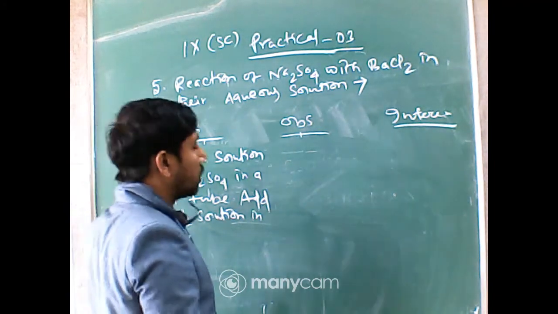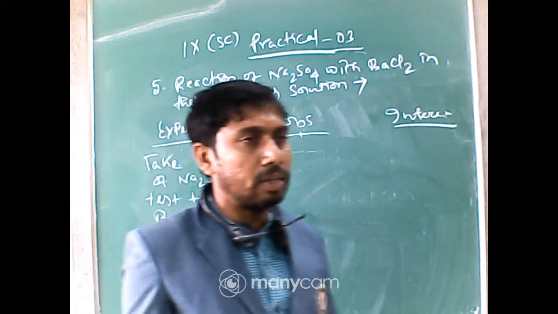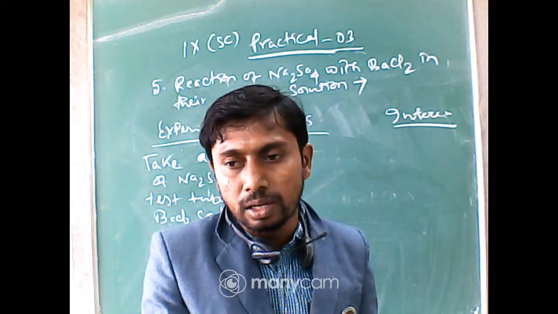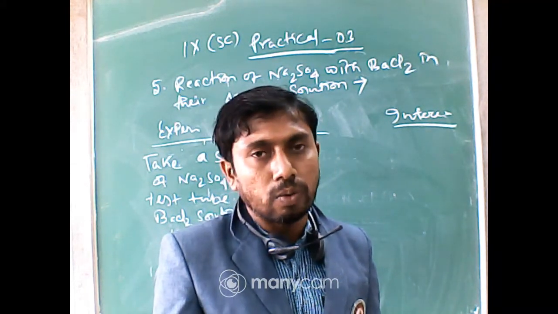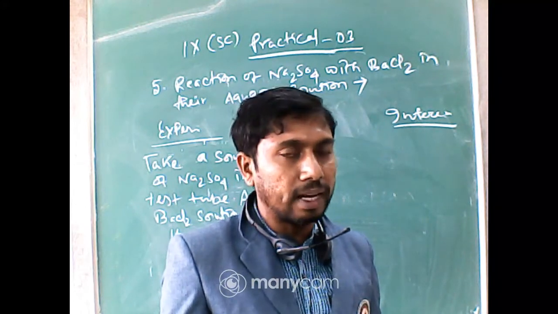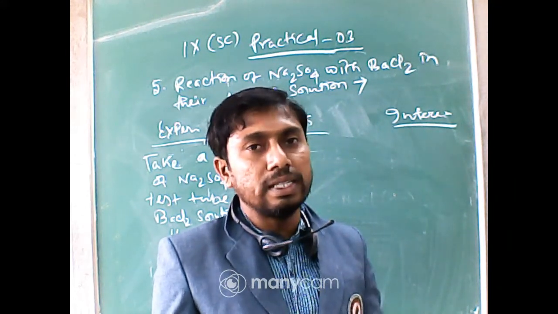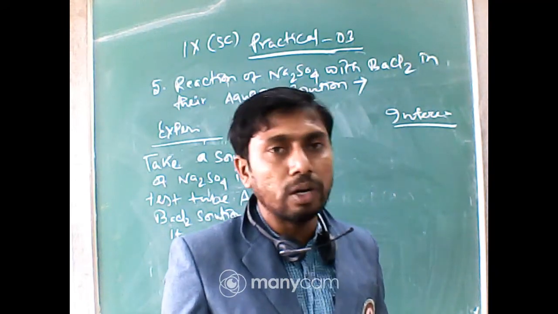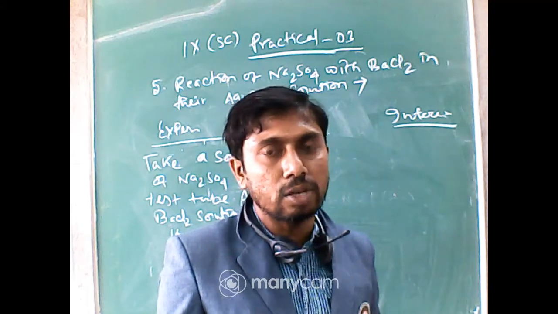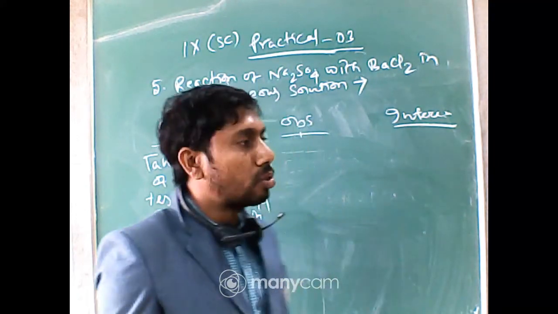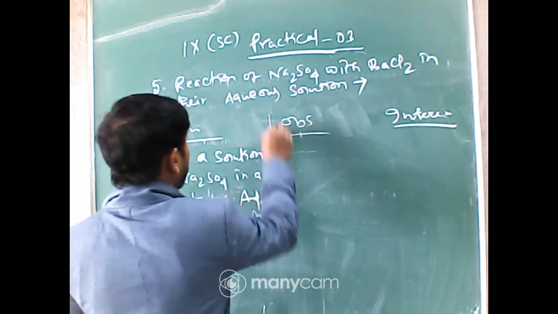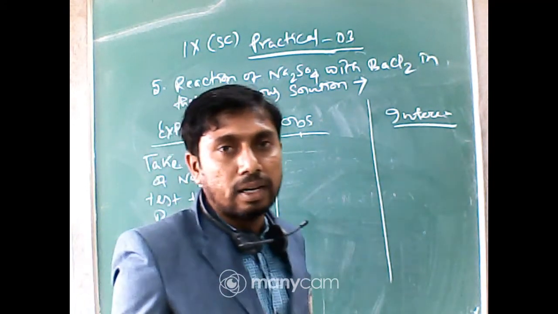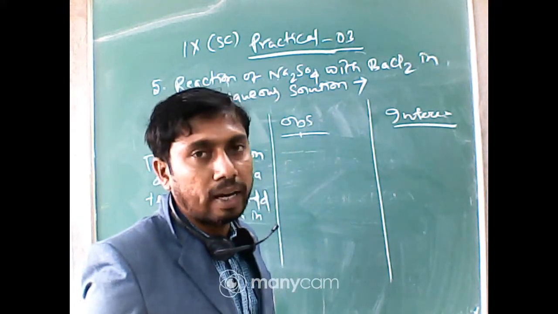Observation, what will we see? A special characteristic of this reaction is that the barium sulfate just produced is insoluble in water. Soluble means it will disappear when the solution is prepared. When it is insoluble, it will not disappear; the solid sample will still exist. So the barium sulfate, being insoluble, will remain in its original form, that is white in color.